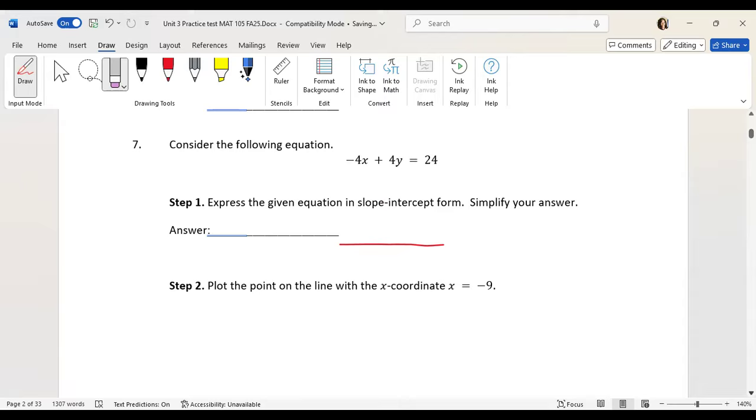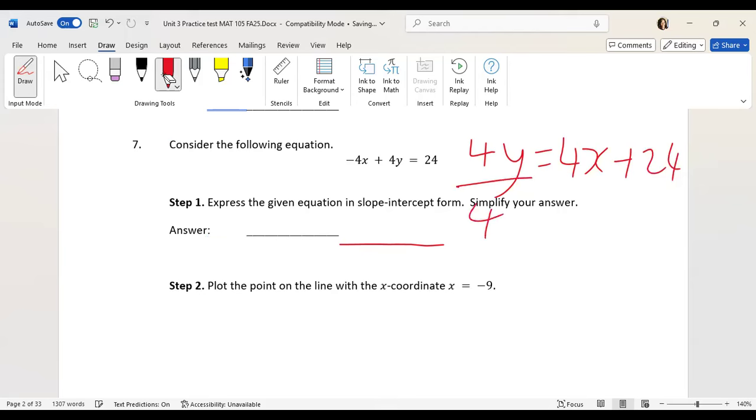If you isolate this equation, you have plus 4x on both sides. So now you have 4y is equal to 4x plus 24. If you divide both sides by 4, you get y is equal to x plus 6.